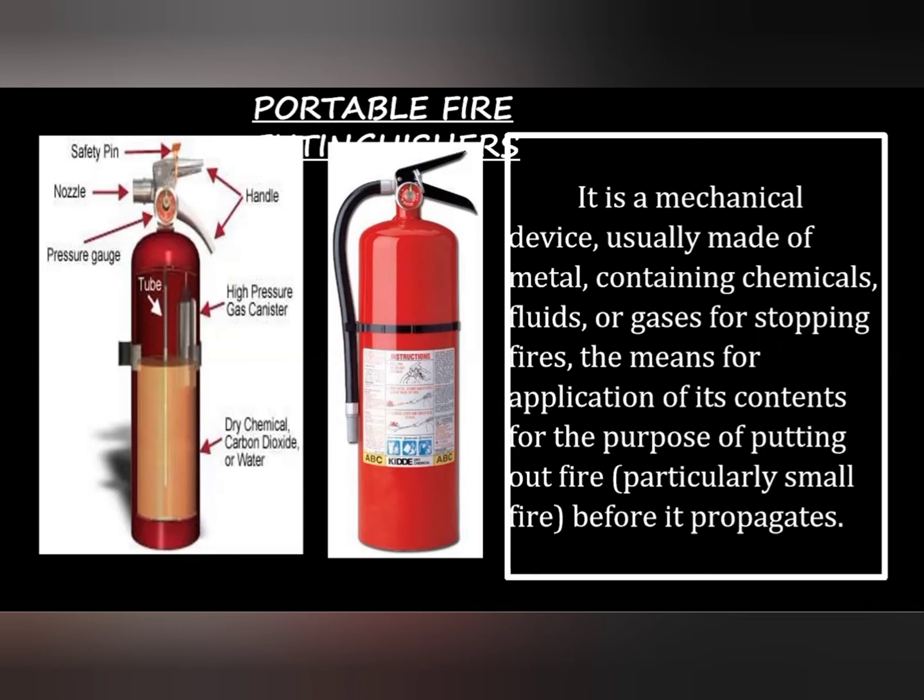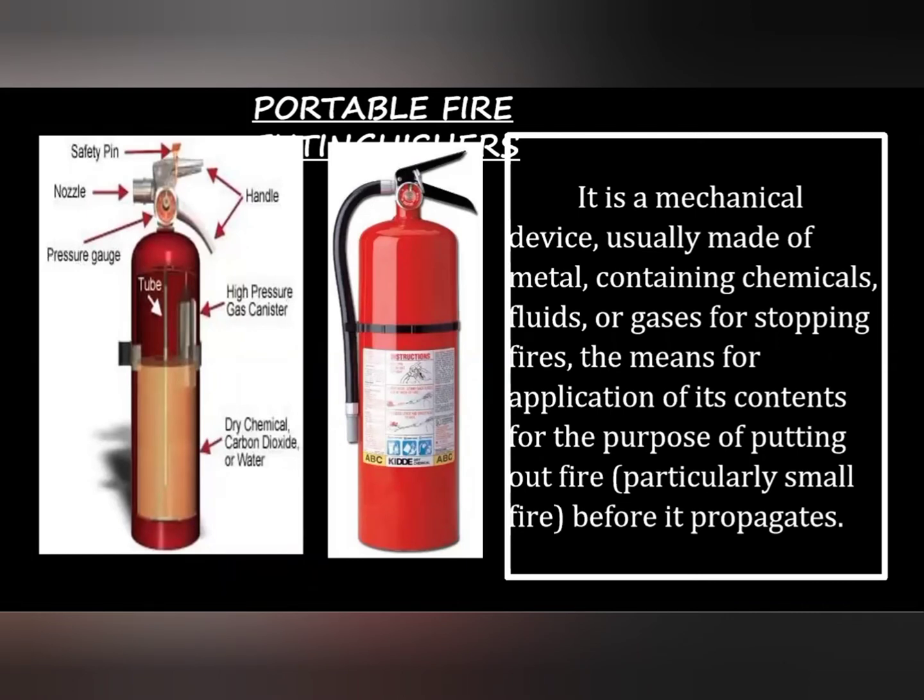But when the fire is bigger, or when the fire cannot be extinguished by the use of a fire extinguisher, then you better get out and save your life, and wait for the arrival of the Bureau of Fire Protection personnel if you cannot do anything. But the only thing that you can do while waiting is to ensure that all are safe. Properties, if possible, but of course, first and foremost are the lives of the people.